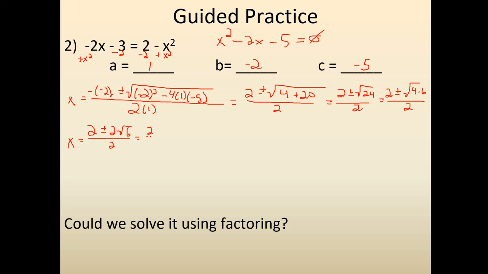So I get 2 over 2 plus or minus 2 rad 6 over 2. These cancel out, and I'm left with my two numbers, x being equal to 1 plus radical 6 and 1 minus radical 6. Because remember, 2 divided by 2 is 1, and this just leaves me with the radical 6.